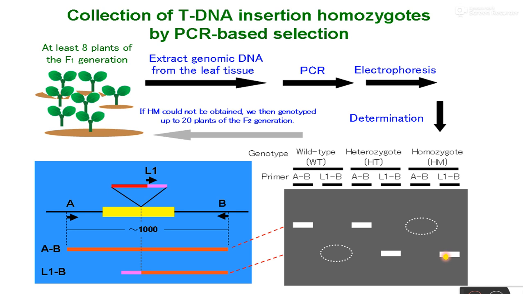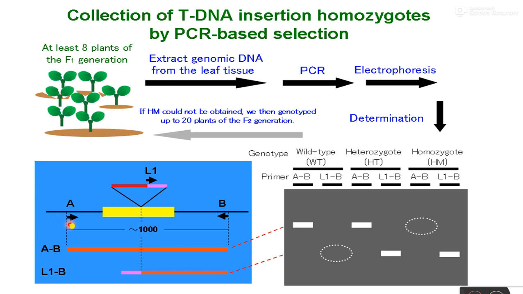So that's why we will get the amplified product of L1B, and here you can see the band which is generally at the same position as the band present in the heterozygous mutant line, right?